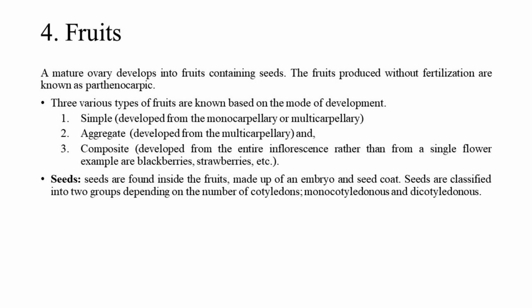Aggregate, developed from the multicarpellary, and composite, developed from the entire inflorescence rather than from a single flower. Examples are blackberries, strawberries, etc. Seeds. Seeds are found inside the fruits, made up of an embryo and seed coat. Seeds are classified into 2 groups depending on the number of cotyledons, monocotyledonous and dicotyledonous.